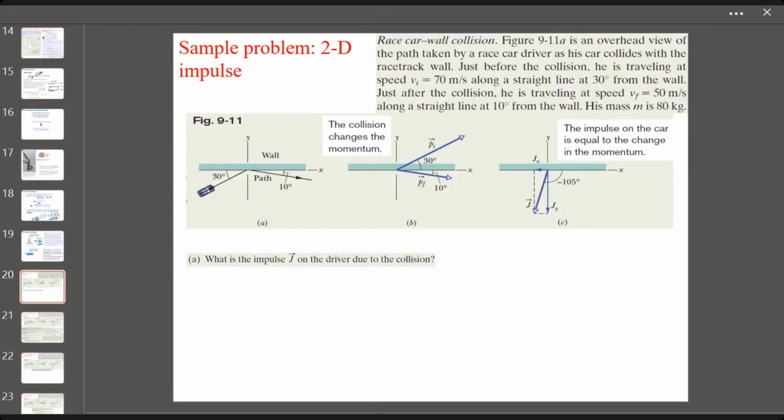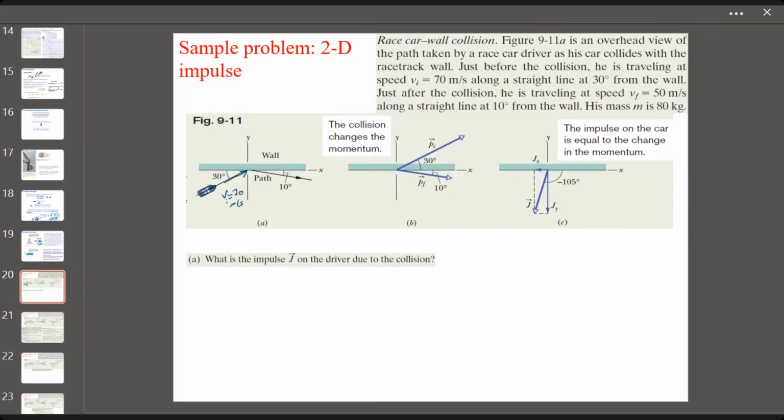Let's take a look at an example. The figure shows an overhead view of the path taken by a race car driver as his car collides with the racetrack wall. Just before the collision, he is traveling at a speed of 70 meters per second along a straight line at 30 degrees from the wall. So this is the motion before the collision. V is 70 meters per second.